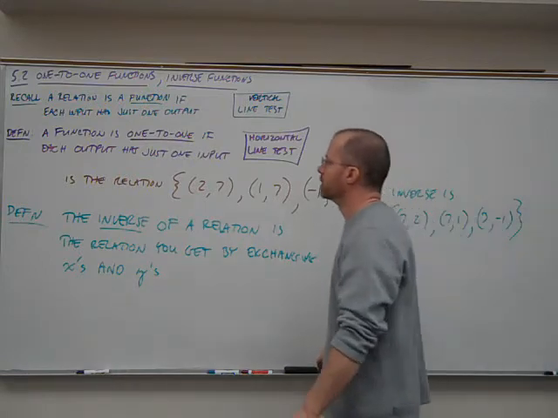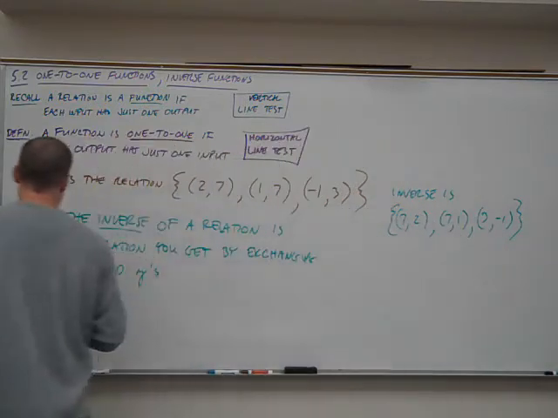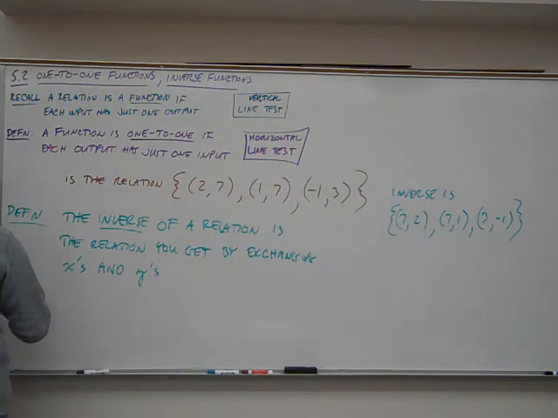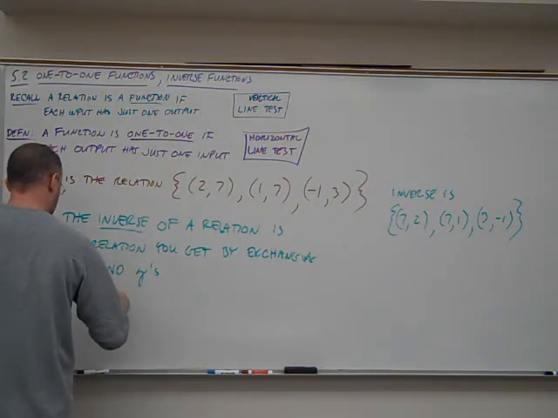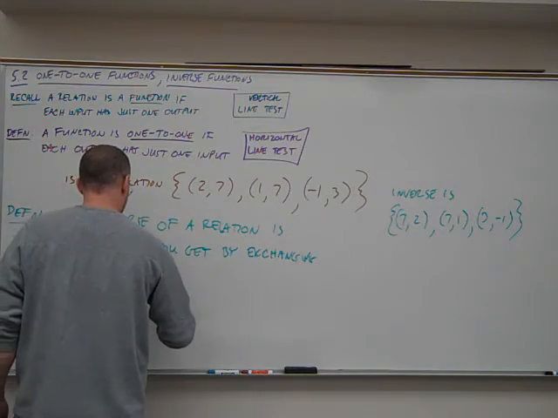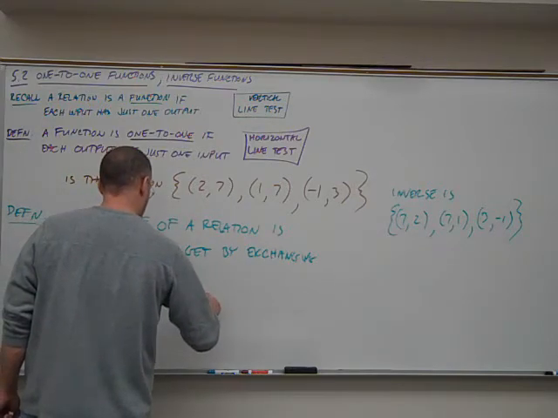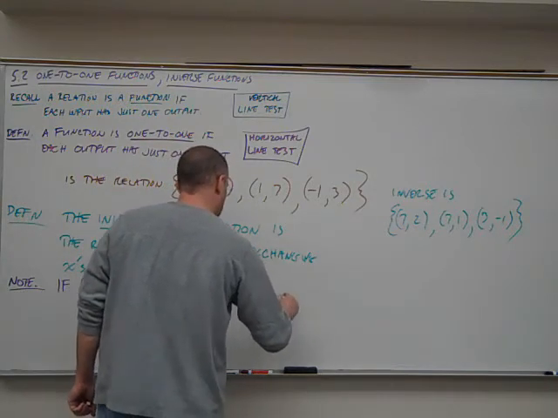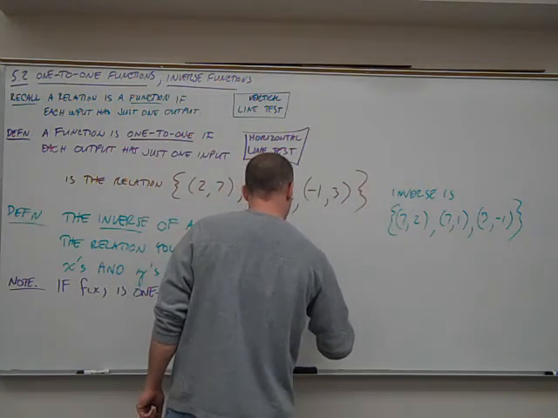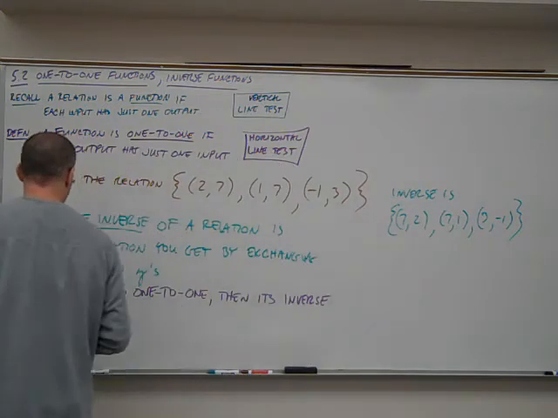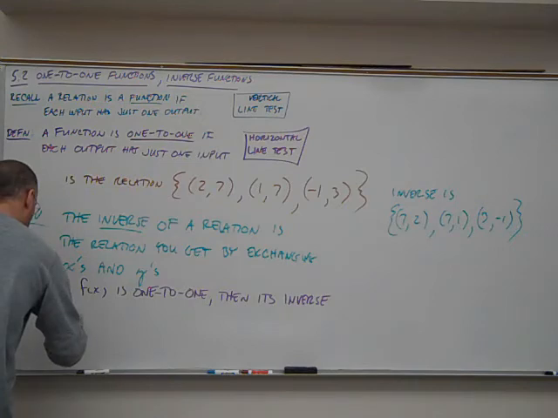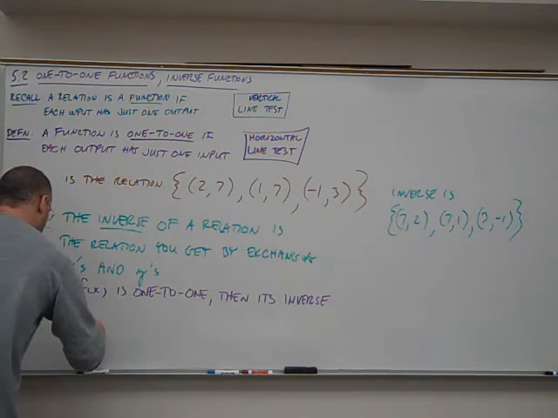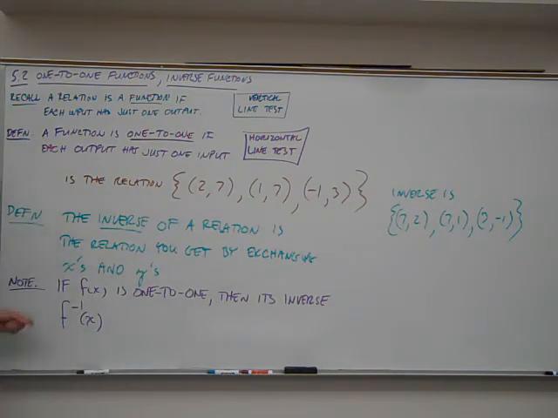So the reason why we're really interested in one-to-one functions mainly is, note, if f of x is one-to-one, then its inverse, and we're going to write the inverse of f as f inverse of x.